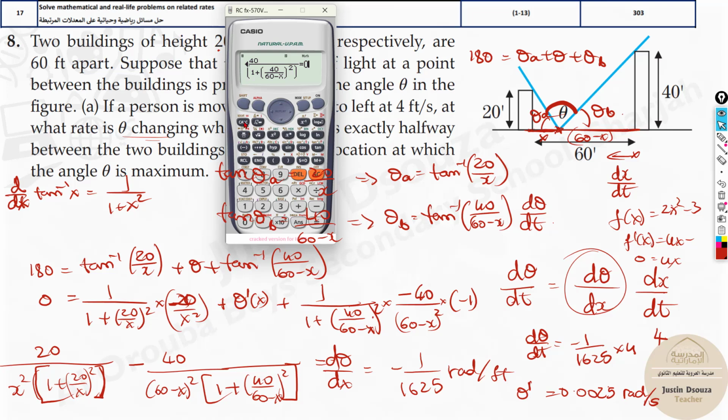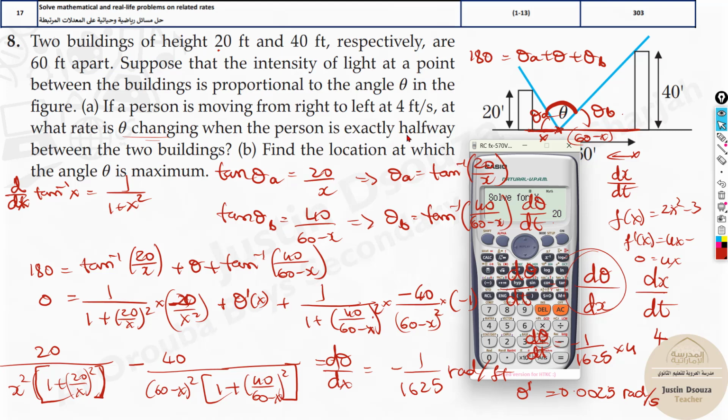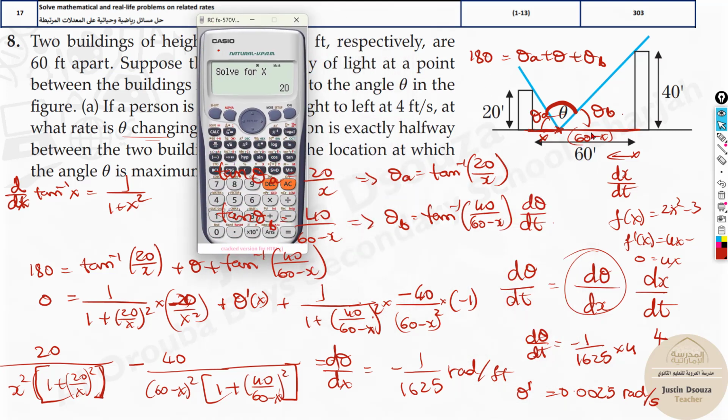Now you need to press shift and solve and then press equal to. This is the answer. X is equal to 20. So for question B, the location at which theta angle is maximum is when the x value is 20 and the other distance must be 40. So that is the actual distance. Now we have considered x to be from the left side. So this must be 20 and the other distance will be 40.